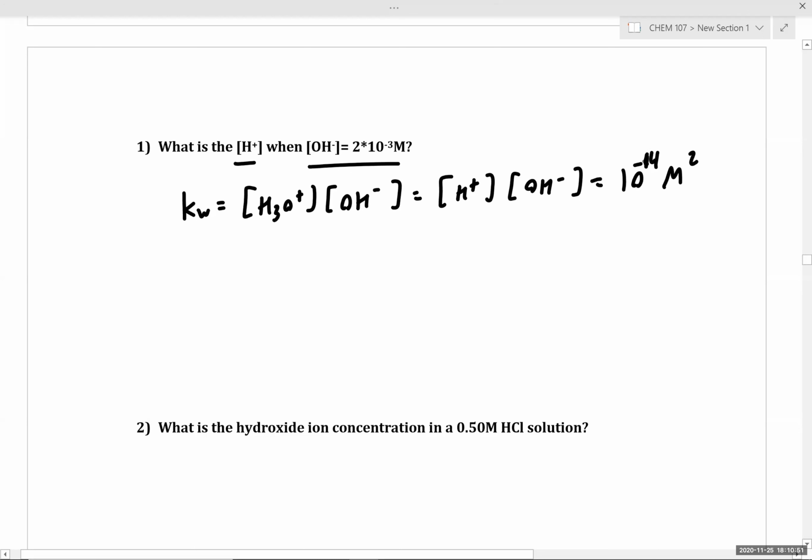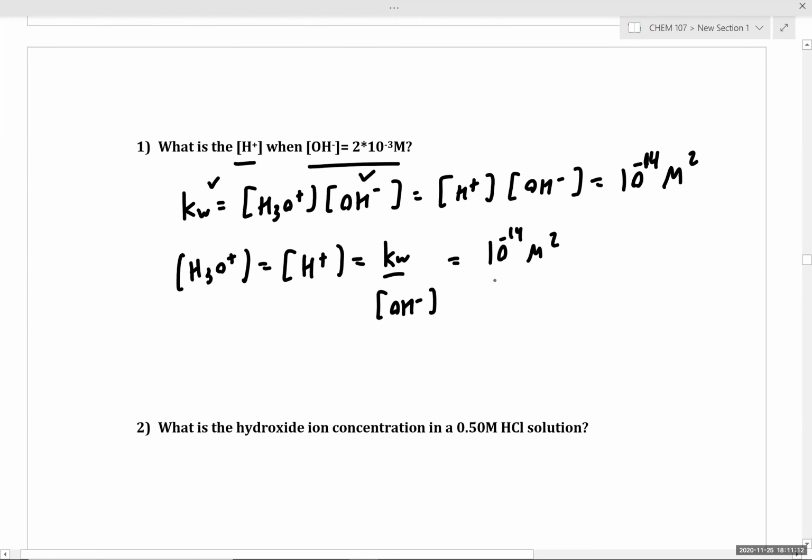Okay, so with that in mind, we know what Kw is. We know the concentration of hydroxide. So solving the concentration of H3O plus, which equals the concentration of H plus, is just equal to Kw over the concentration of hydroxide. So we have 10 to the negative 14th molar squared over the concentration of hydroxide, which is 2 times 10 to the negative 3rd molar.